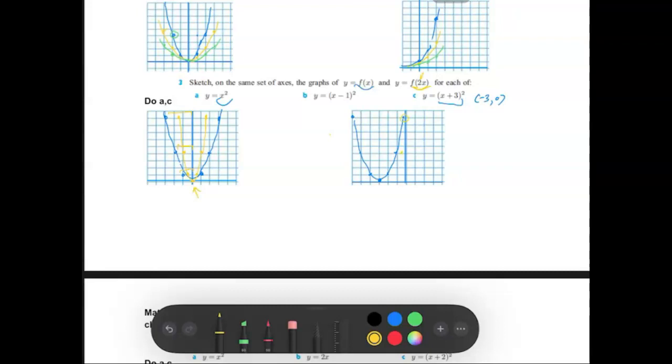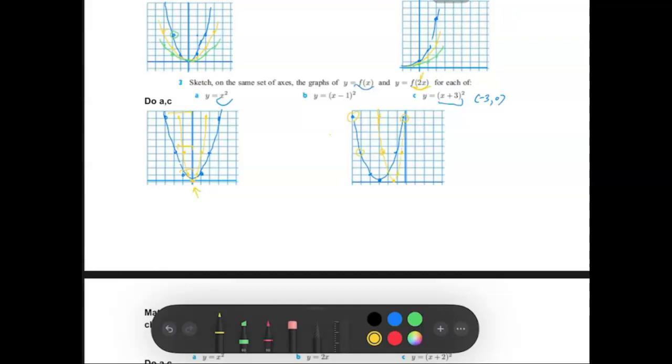But every other point is going to be half as far as it was before. So it's going to look kind of like, let's see, 1, 2, 3, like that, right? So this point, which was 6 away, is going to be 3 away. This point, which was 5 away, is going to be 2.5 away.